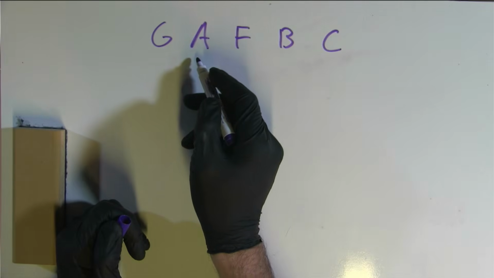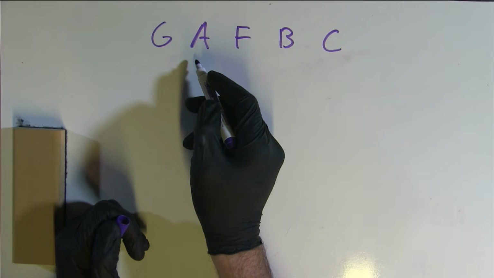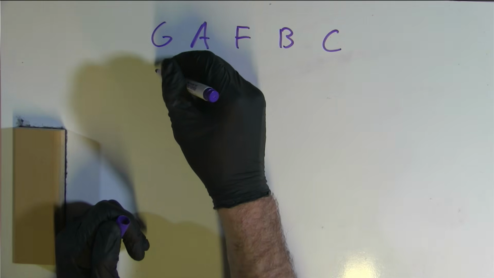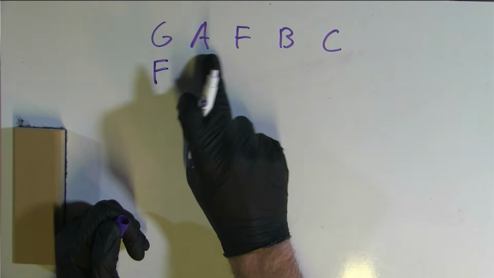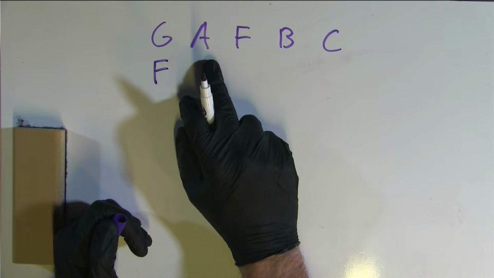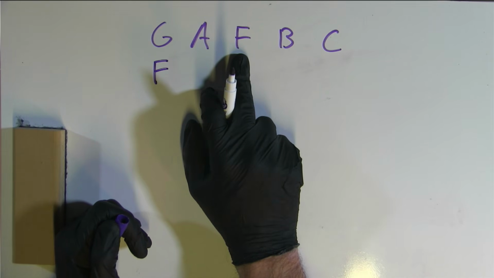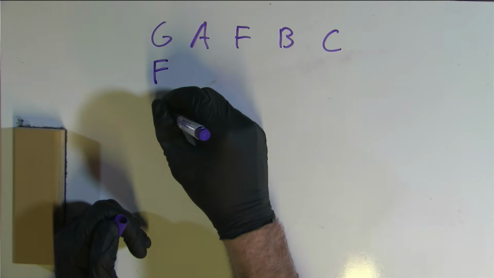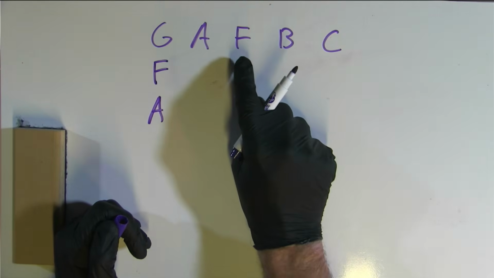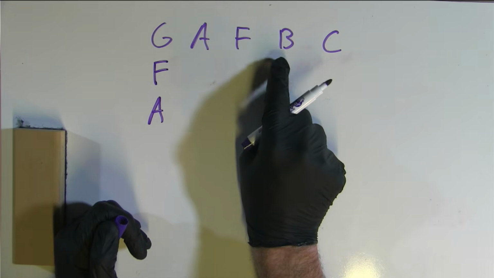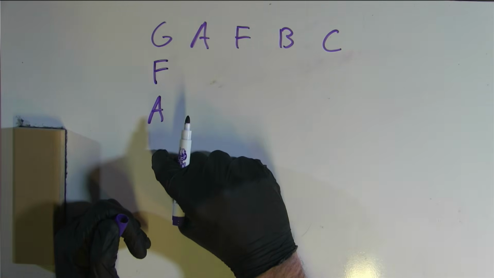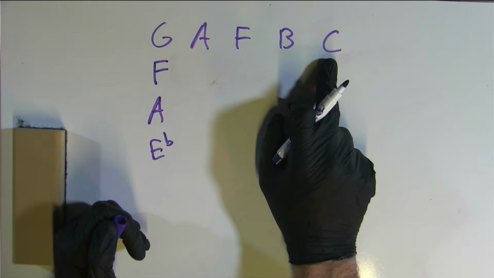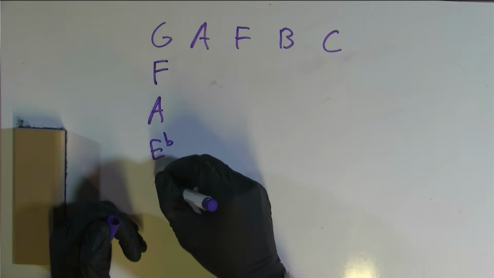Well, up a step from G, that's a whole step, is A. Down a whole step from G is F. A to F is down a major third, so up a major third from F is also A. That's kind of fun. F up to B, that's a tritone. A down a tritone is E flat. B up a half step to C, E flat down a half step to D.